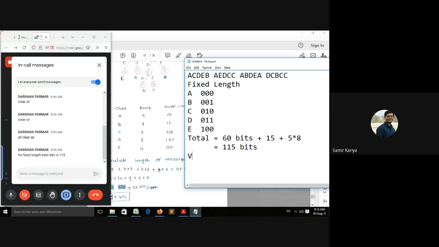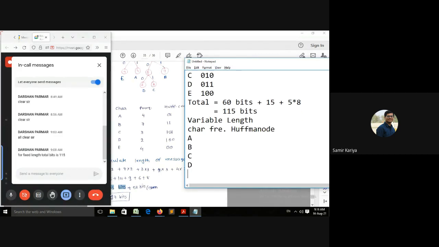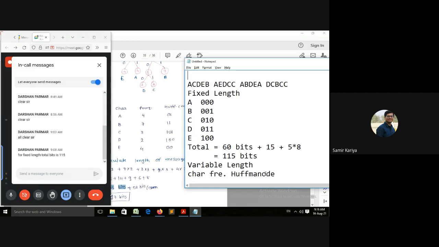Okay, now variable length. So let's make here frequency, character and Huffman code. How many times A? Frequency 1, 2, 3, 4.